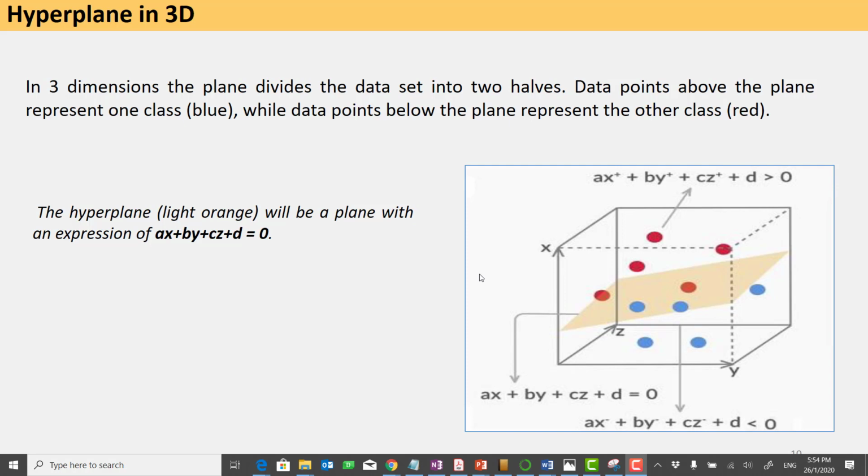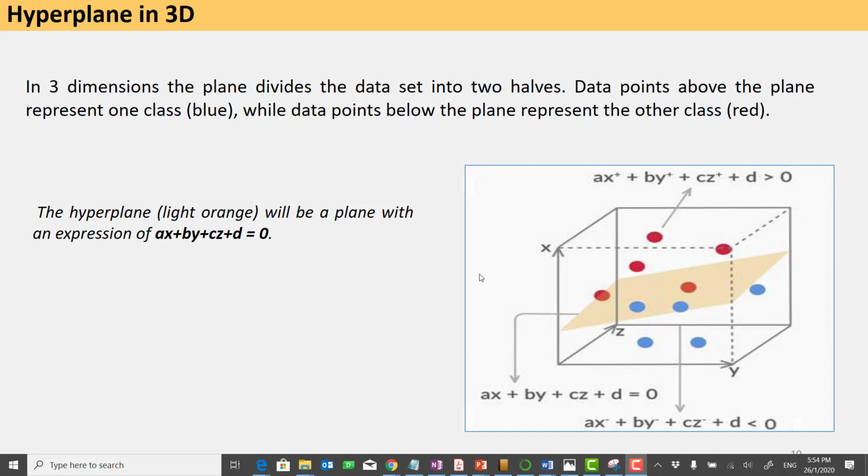However, the expression still remains the same. Instead of w0 in 2D, in 3D it goes with four values: ax plus by plus cz plus d, which is the constant here, and which is greater than 0.